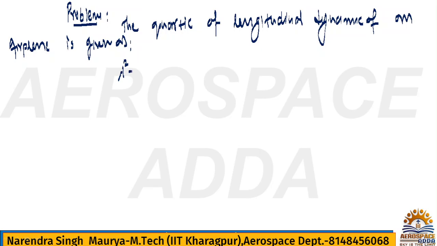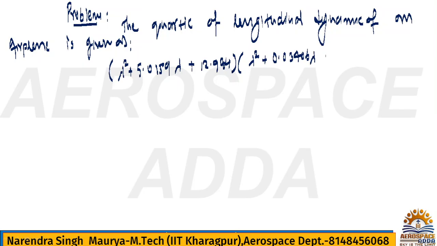(lambda square plus 5.0159 lambda plus 12.984)(lambda square plus 0.03406 lambda plus 0.0454) equal to 0.